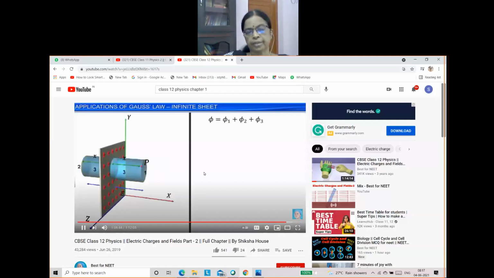I will ask you the next question. It is a positively charged sheet, so the electric field is outwards. If you take a point here and draw an electric field line, it will be outwards. If you draw a normal to this flat surface, it will be in the same direction. What is the angle between the electric field and the area vector, children?